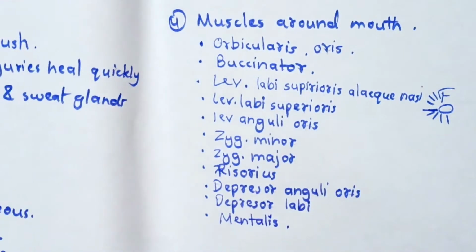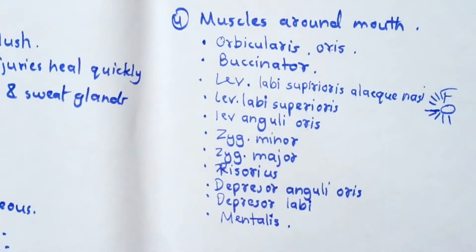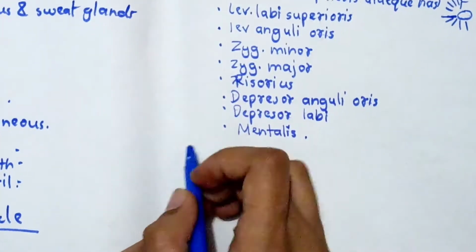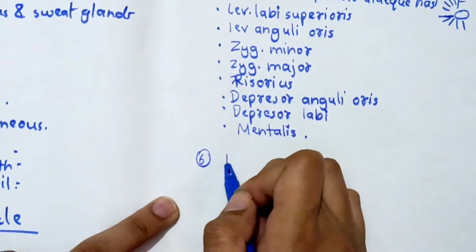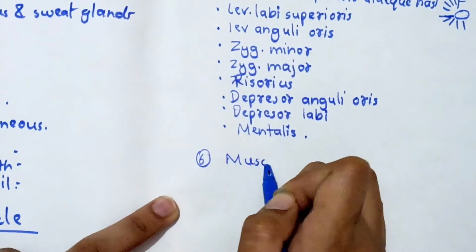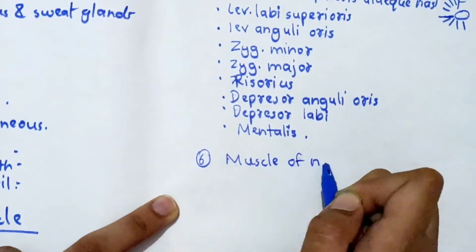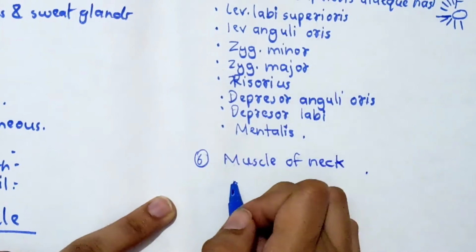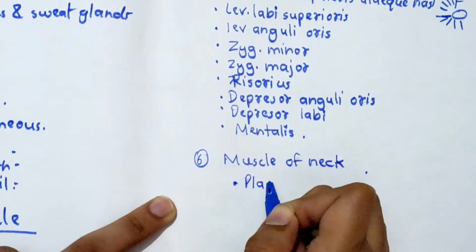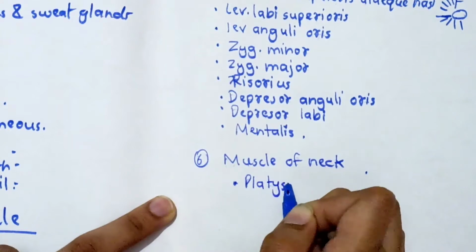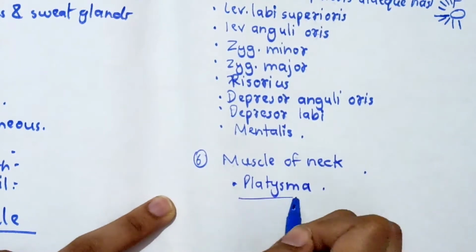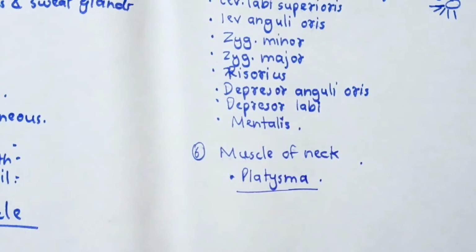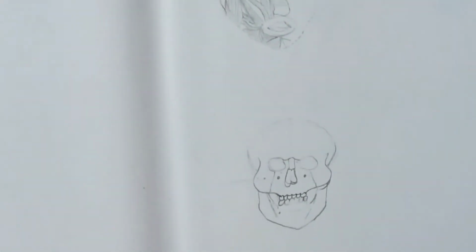So these are the 11 muscles around the mouth. And in the last we have the muscle of the neck. In this there is only one muscle, which is platysma, one large superficial muscle of the neck. So here we have named all the muscles of the face. Now let's see the diagram and the origin, insertion and action of these muscles.